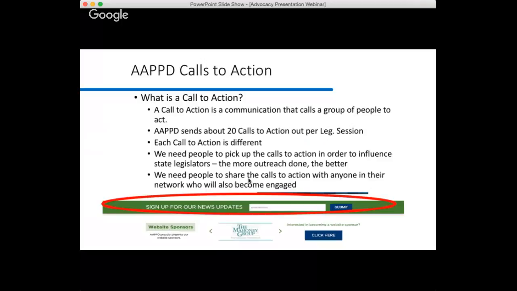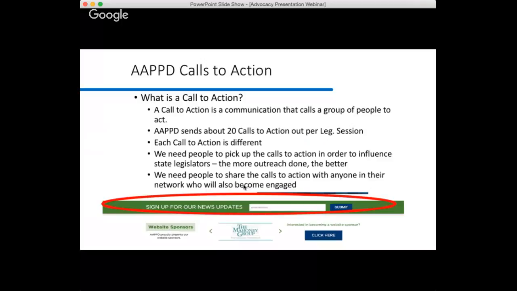And then we need, of course, people to share the calls to action with anyone in their network who will also become engaged. So if you have identified people at your organization who are going to assist with legislative advocacy, you need to share those calls to action and ask them to take action so that we grow our numbers and the number of people who are reaching out.